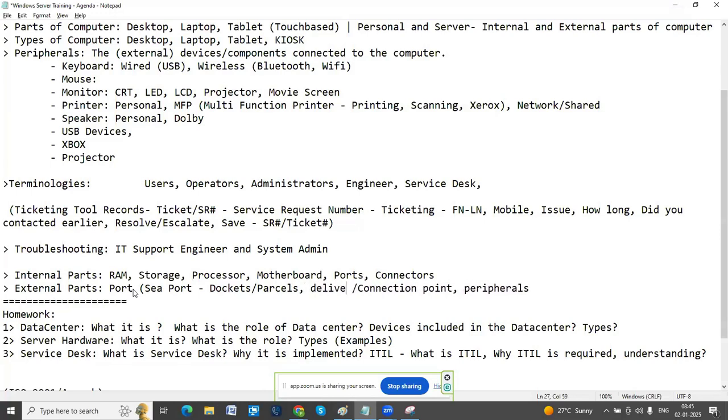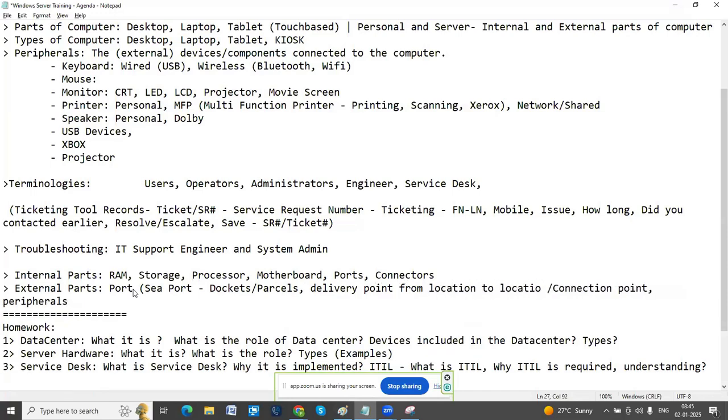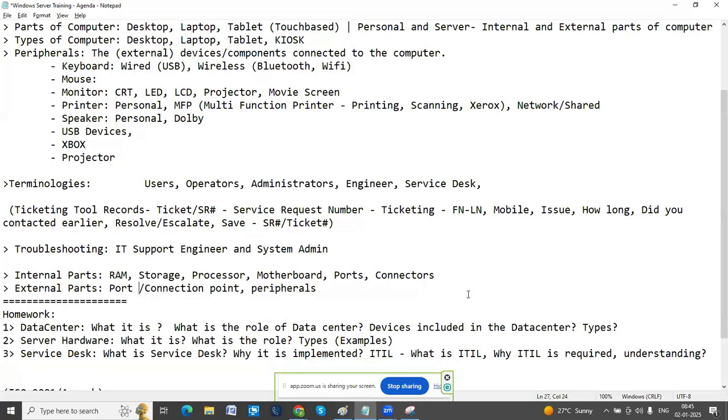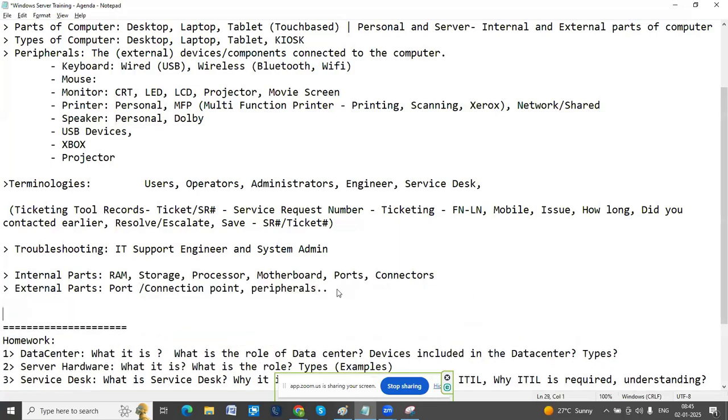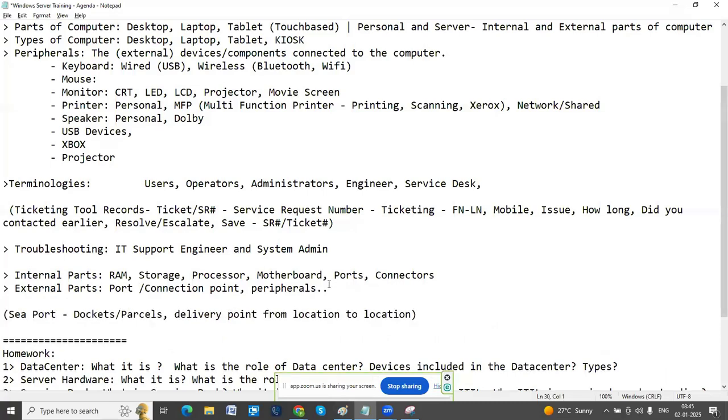It's like a delivery point from one location to another location. Similarly, technology ports are the same. A technology port, or we'll say a computer port, is nothing but the connection point.